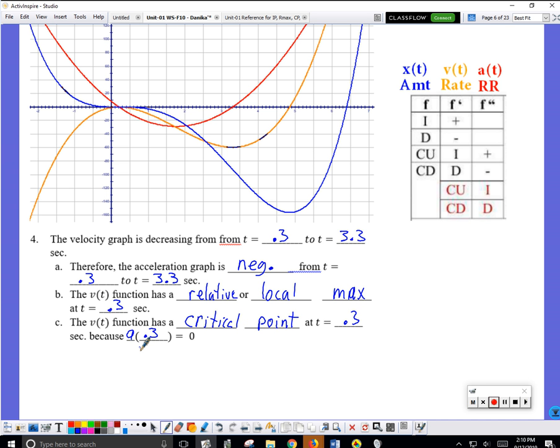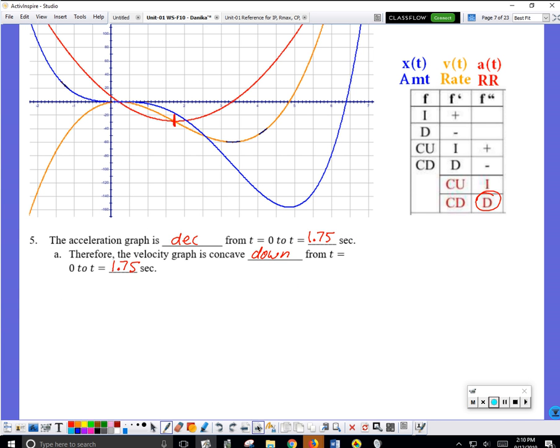Number 5. 4 minutes to go. Okay. This one's relating acceleration and velocity, and they're relating the concavity. So I'm going to use that as a hint to help me fill in the blanks. Let's see, velocity and acceleration.